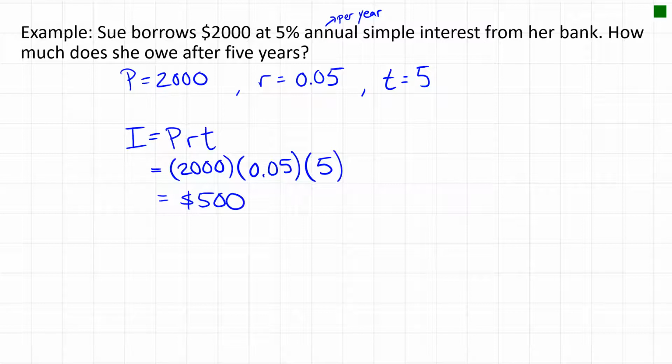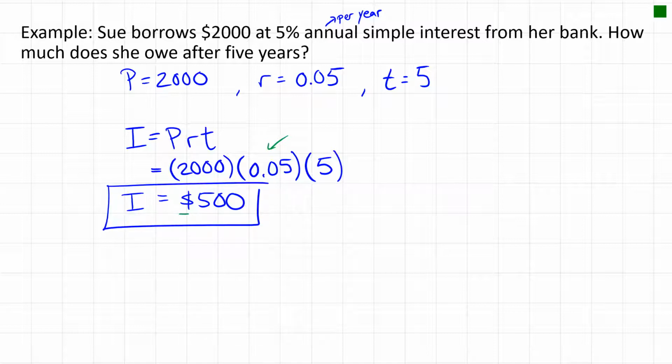I didn't put any units into my calculations in those intermediate steps, but I do really think it's important to put units in when you're writing a final answer. So in my final answer I put in $500 so that it's clear what this value represents. So make sure you're getting those units back in there. So the interest is equal to $500.